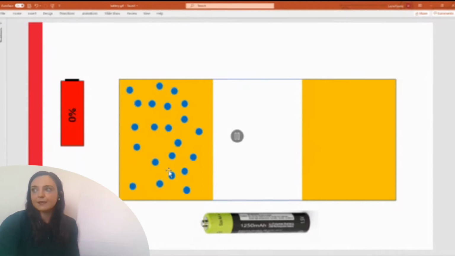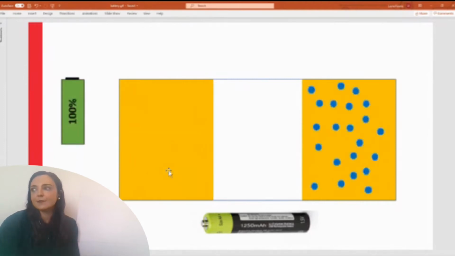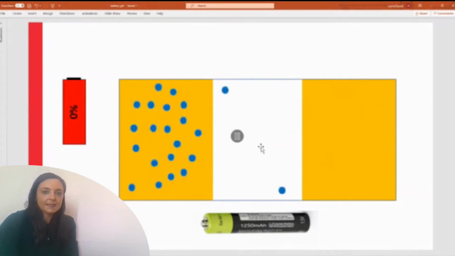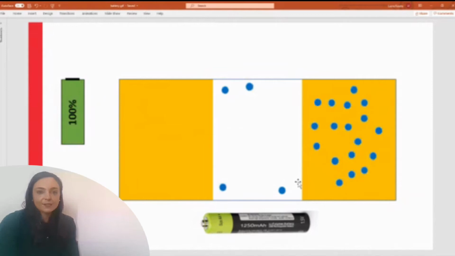So we charge our phone, which is sending more energy into the battery and pushes the lithium back to the first side and back to 100% battery. But the problem is that not all of the lithium always makes it back. Sometimes some lithium gets stuck along the way like this. And over time, the more we use our phone, more and more lithium can get stuck, and this means there's going to be less lithium free to move from one side to the other.